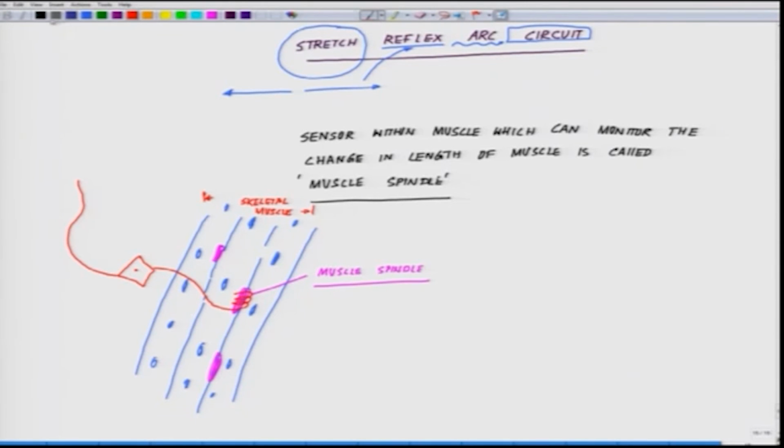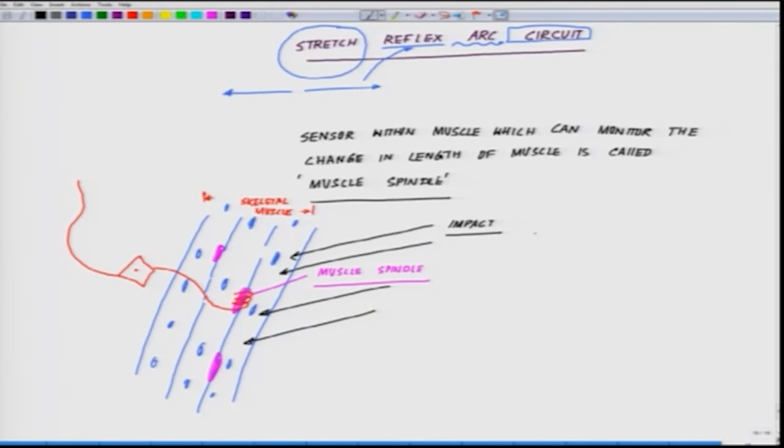So once a muscle takes an impact, this is the impact the muscle is taking. This impact changes two different lengths.